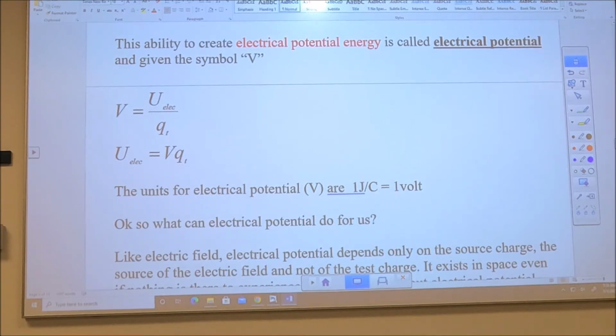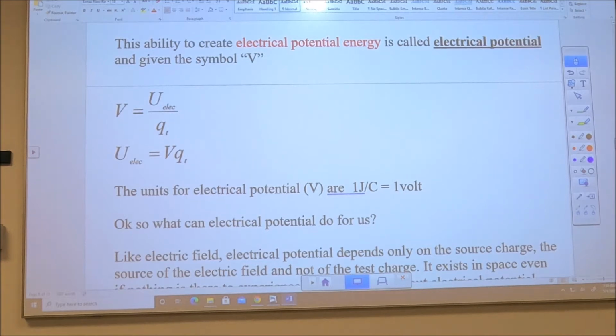When it moves into that region of space, it experiences an electric force. The electric force then is going to change its kinetic energy. When it changes its kinetic energy, there is a corresponding change in potential energy because it's going to move. Okay? So electrical potential is very much related to electric field.